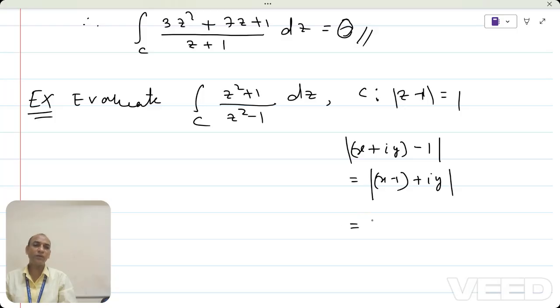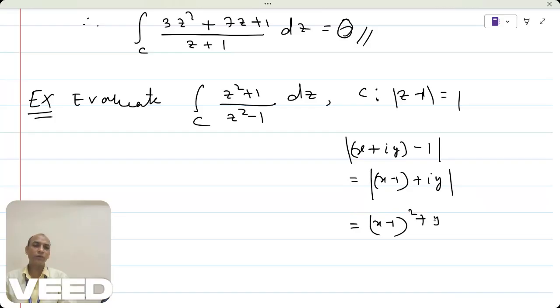Modulus of this one, you know that (x minus 1) whole square plus y square is equal to how much? 1. So it is a circle.